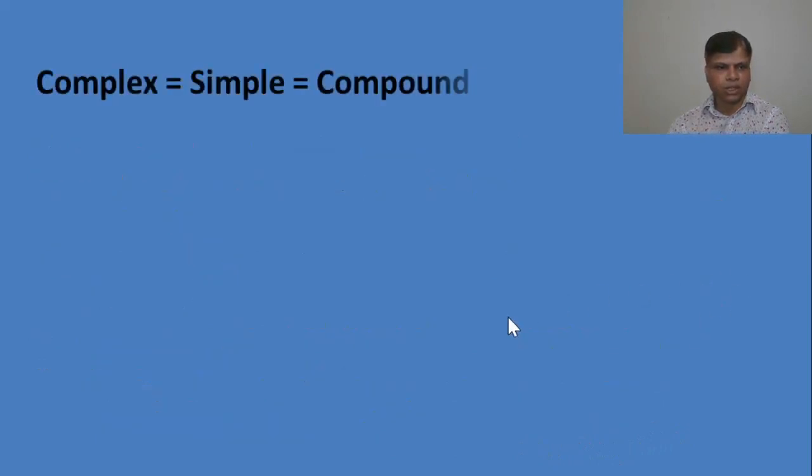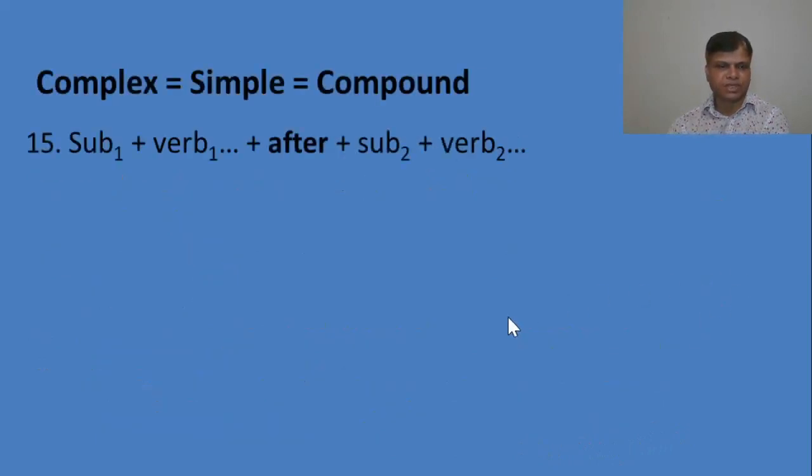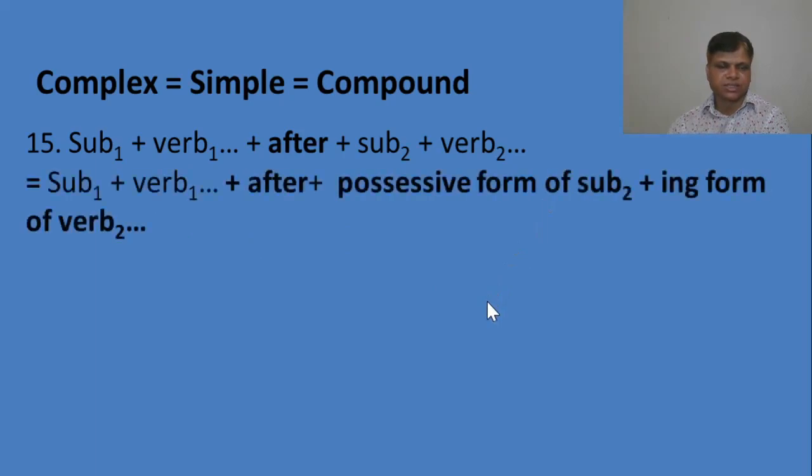Now look at the 15th rule. Subject 1, verb 1, and rest of the sentence, after, subject 2, verb 2, and rest of the sentence. The simple will be subject 1, verb 1, rest of the sentence, that is we have to use the independent clause first, then after, possessive form of subject 2, ing form of verb 2, and rest of the sentence.